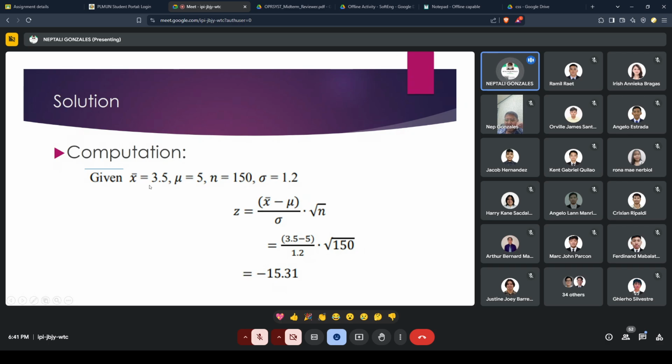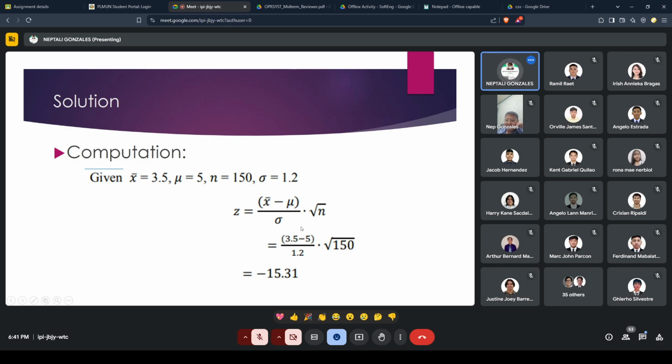So X bar is 3.5, ito, sinubstitute, minus the population mean, which is 5, sinubstitute, divided by the standard deviation, 1.2, substitute sa sigma, times the square root of the sample population, which is 150. Sinubstitute. So that is equal to negative 15.31.